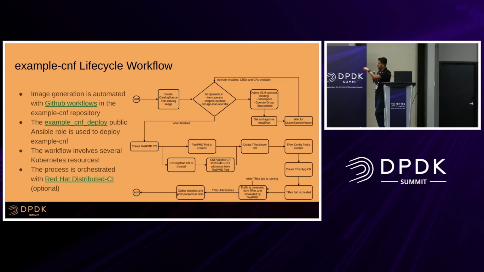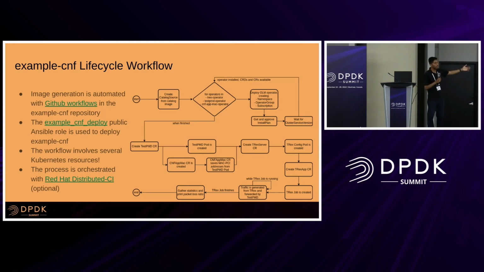But the part below in that workflow is how the operator is going to start from a custom resource, and then it is going to create a pod that is going to do something. In this case, we start with TestPMD that creates the custom resource, and then it's going to create the pod, and then we do the same thing for the CNF MAC operator, that's going to be responsible for getting the MAC addresses and other network information for TestPMD.